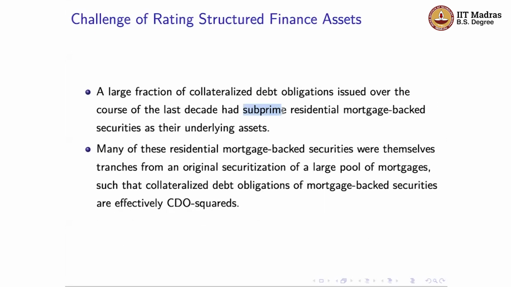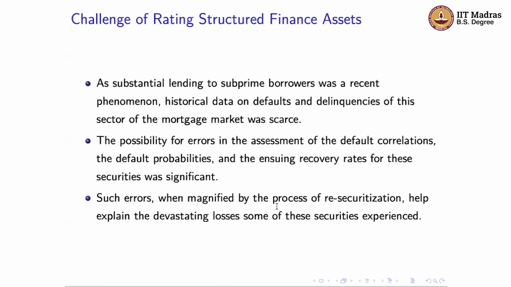And so when you combined these mortgage-backed securities to create more securities, these were effectively CDO squares, because even the mortgage-backed securities were created by bunching in different claims from different places, right? And so we already see that any mistake that you are making is going to be magnified when you are looking at the CDO square level.